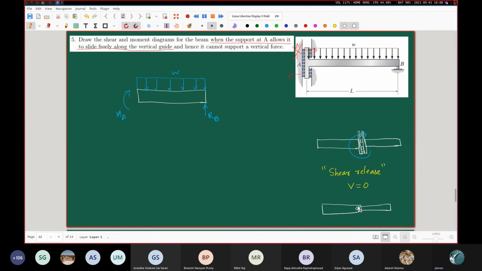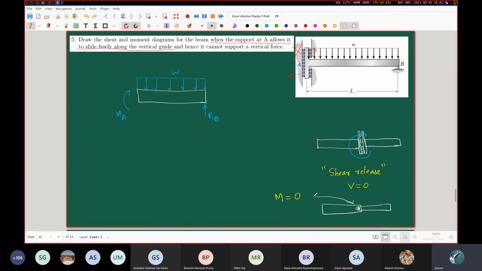At this pin joint, what is 0? Moment. Moment is 0. So at this point, M is equal to 0.